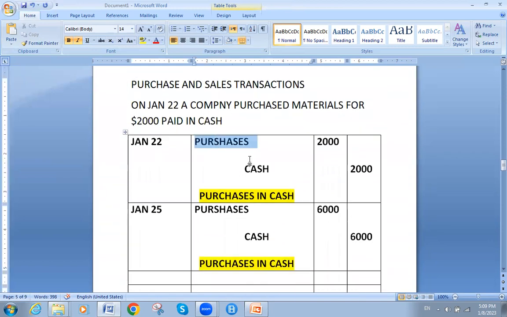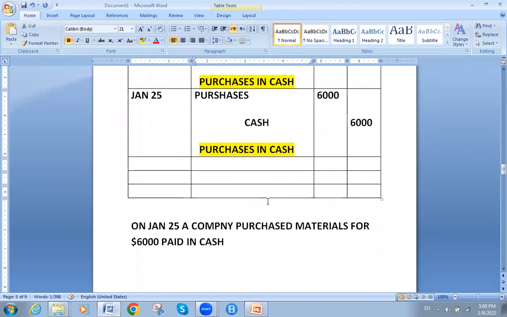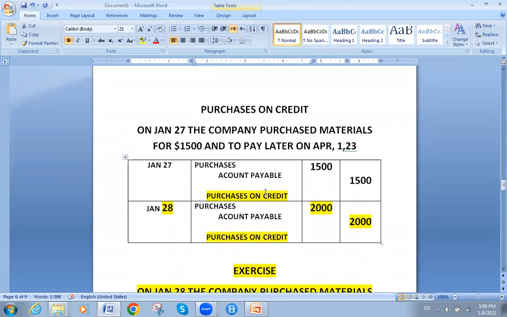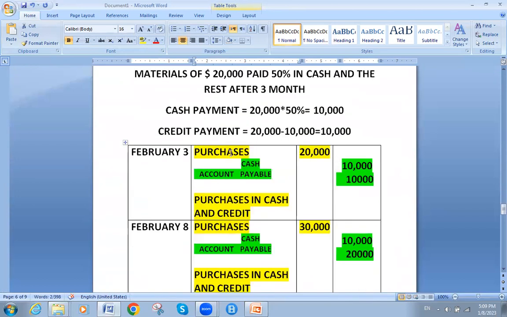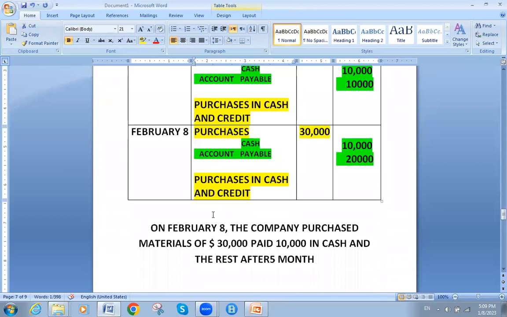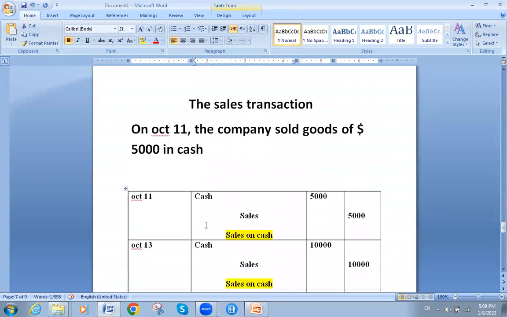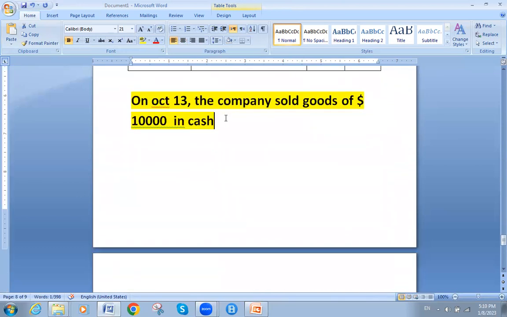From purchases to cash, when we purchase in cash, and from purchase into account payable, when we purchase on credit. Here we have also from purchase to cash and to account payable.